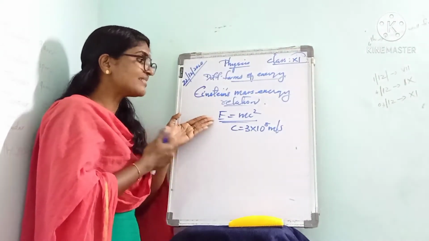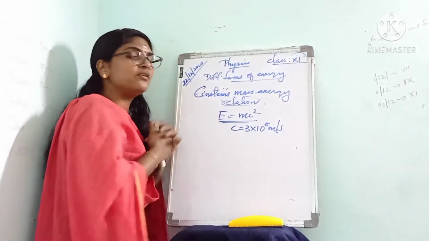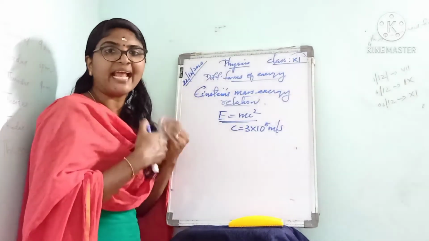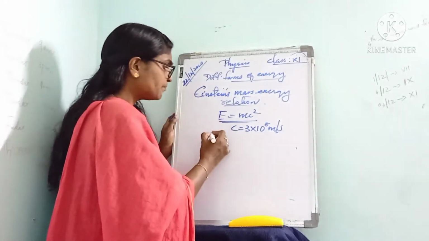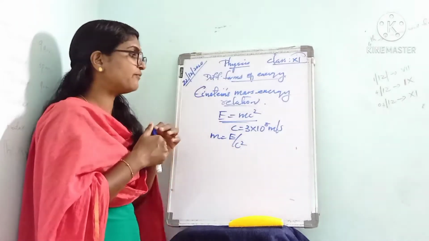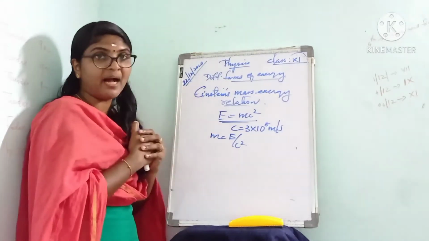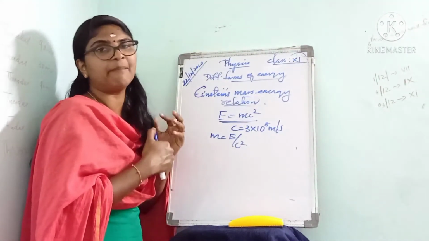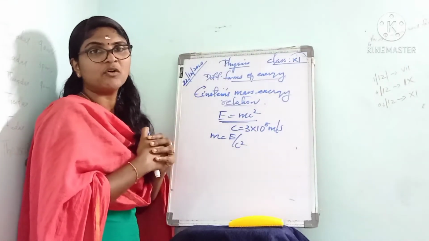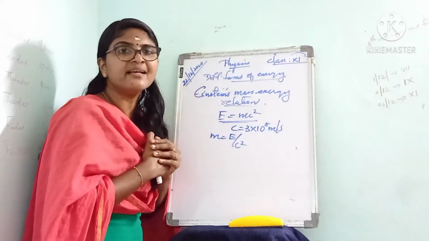Conversely, when the energy E disappears, the mass m equal to E by c square appears. So mass and energy are equivalent; mass can be converted into energy and vice versa. This is Einstein's mass energy relation.